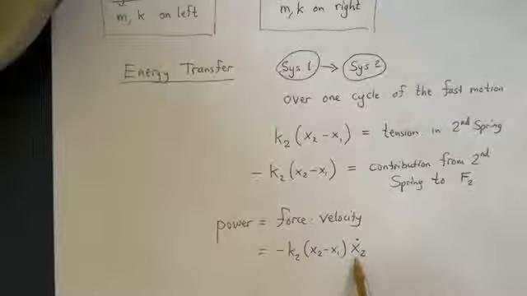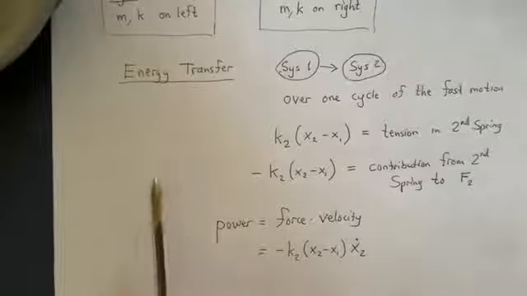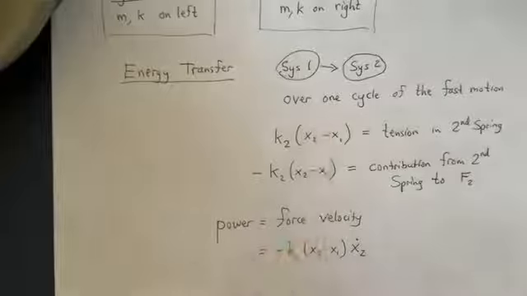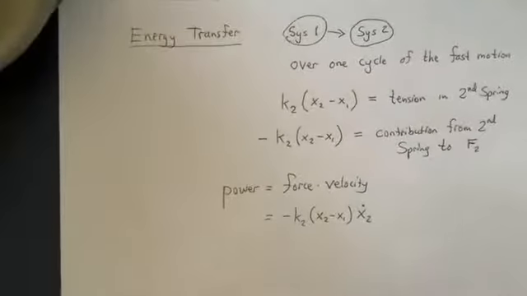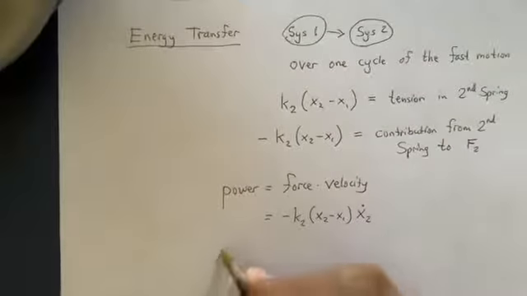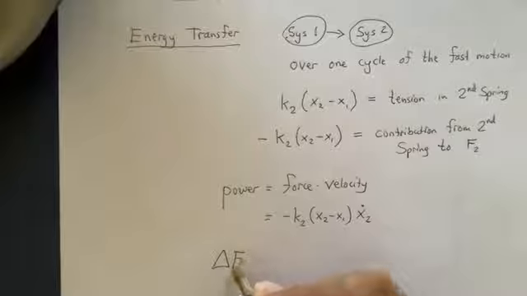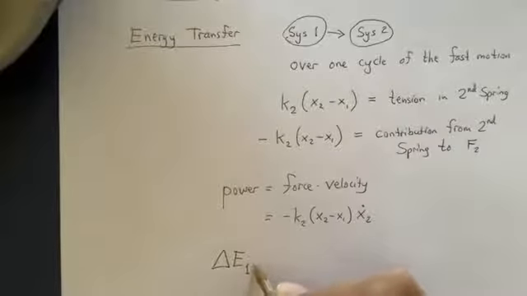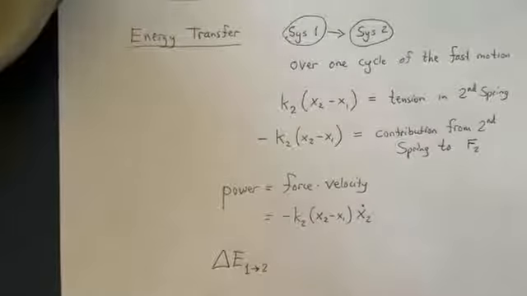What's the speed? It's the absolute value of X2 dot, but we need the velocity, X2 dot. And all this stuff here, including the minus sign, that's the force. So this is the power. This is the rate of energy transfer to system number 2. Therefore, we can work out the energy transfer. We'll say delta E, okay?